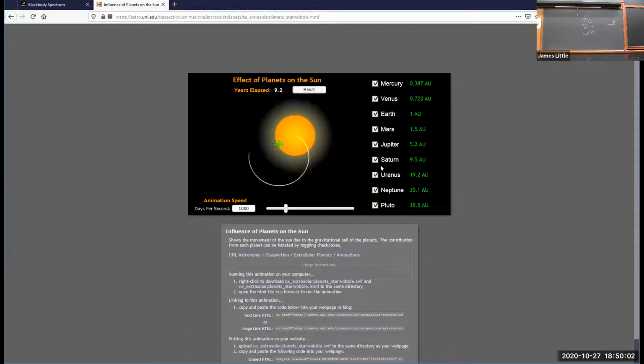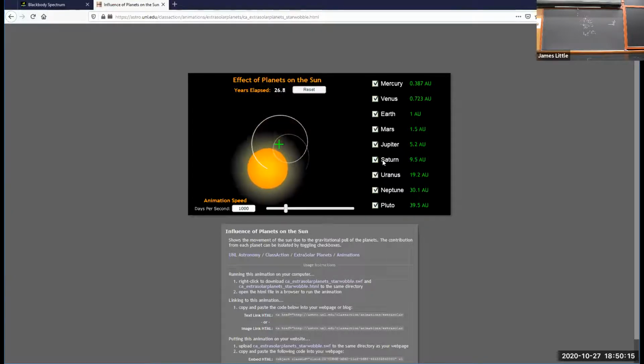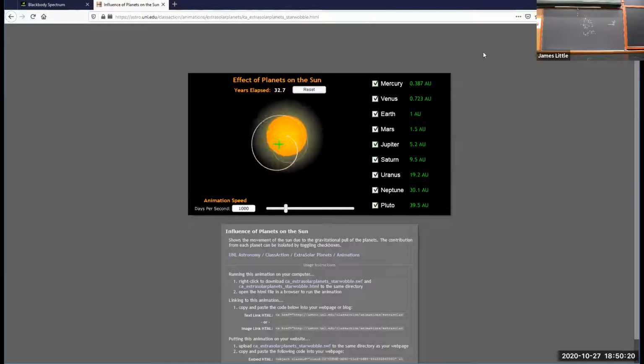And you would have to work backwards to figure out what on Earth is going on, how many planets are here. And you'd hope like crazy that occasionally the planets would get in between the sun and us so that we'd see the sun dim. And that would give us a good idea of how big the planets are.